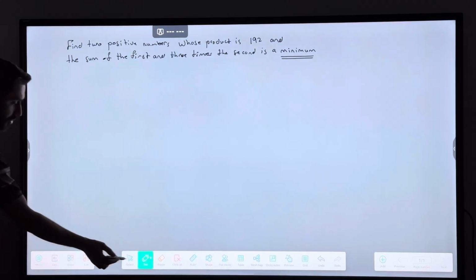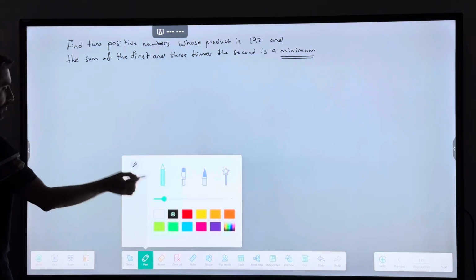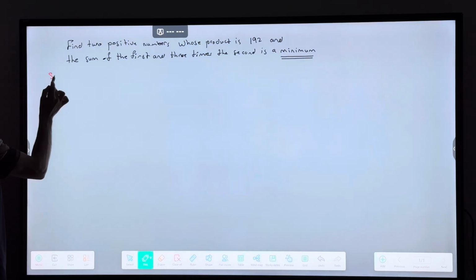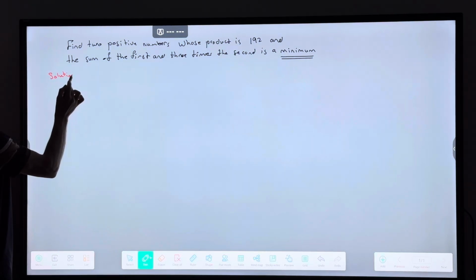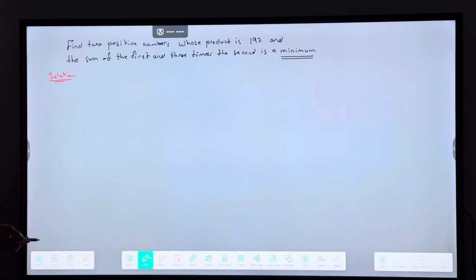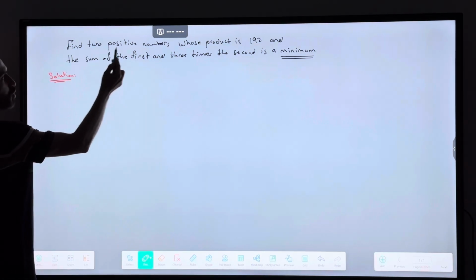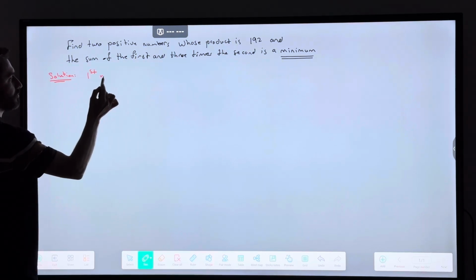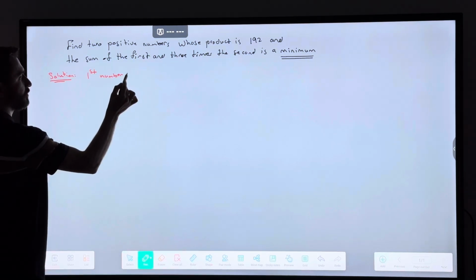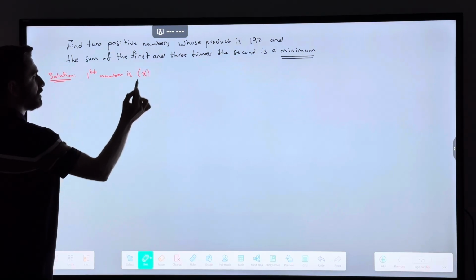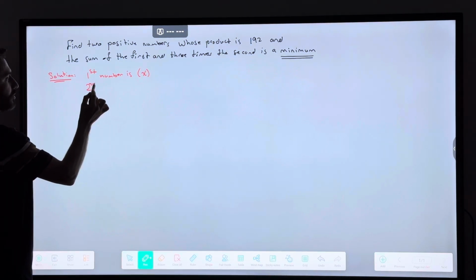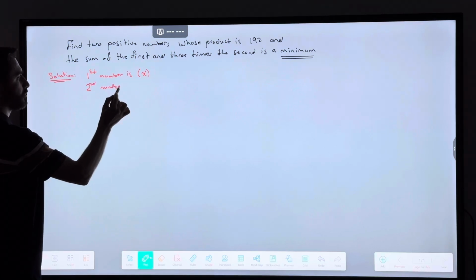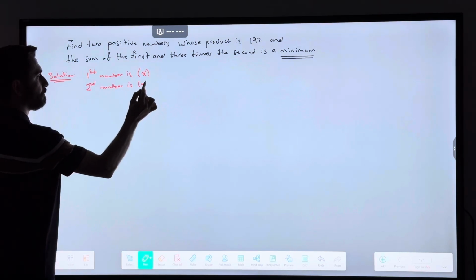So the solution here: let us use some symbols for the first and second numbers, because we need to find two positive numbers. Suppose the first number is x and the second number is y.